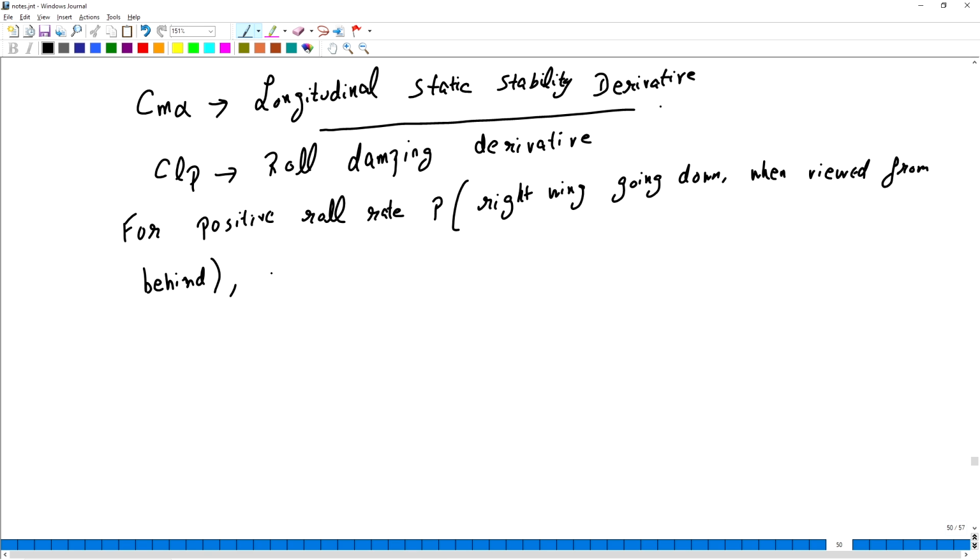So we need to generate negative rolling moment. That means left wing should go down. So negative rolling moment must be generated.